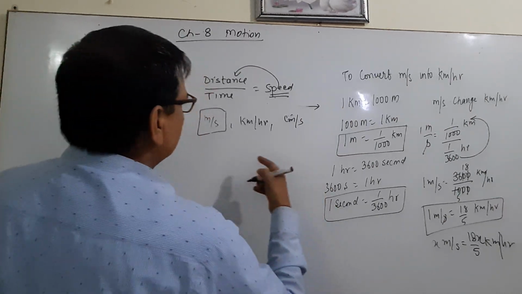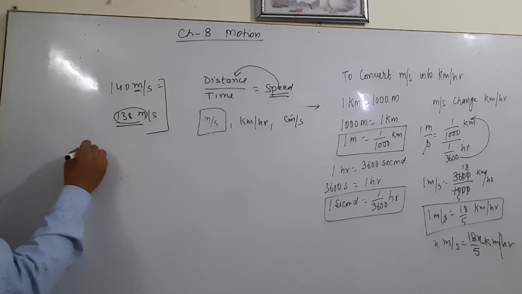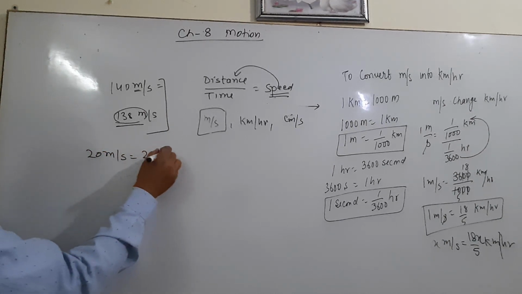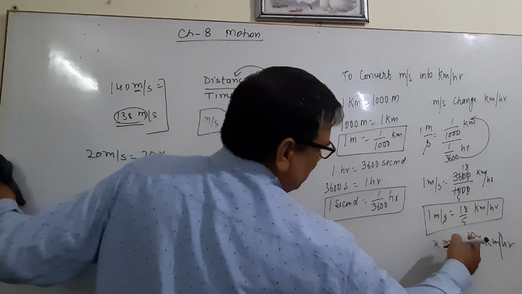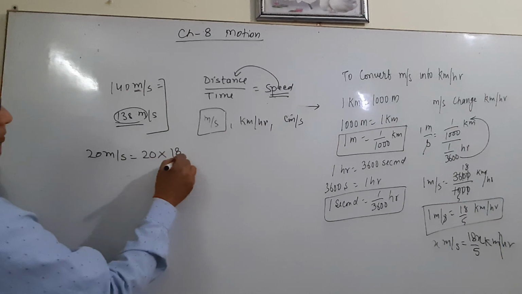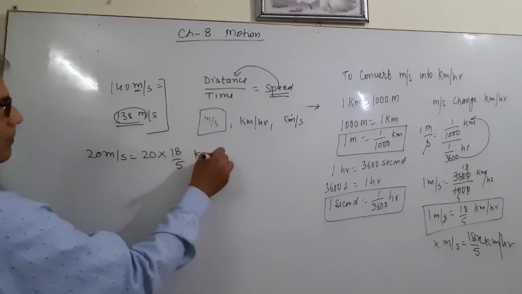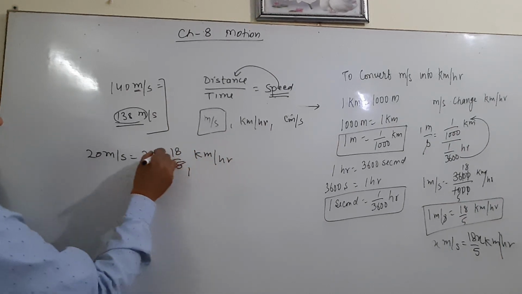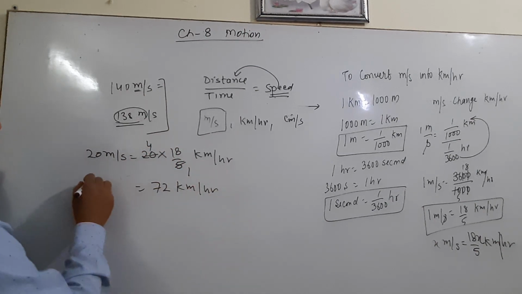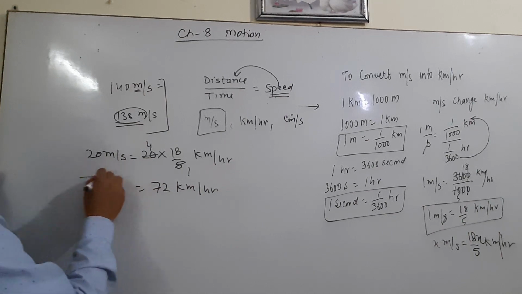Same as that, now 20 meter per second is equal to 20 multiplied by 18 upon 5. What will we write? Kilometer per hour. This and this 4, 18 into 4 is 72 kilometer per hour. This is 20 meter per second. It is your answer.